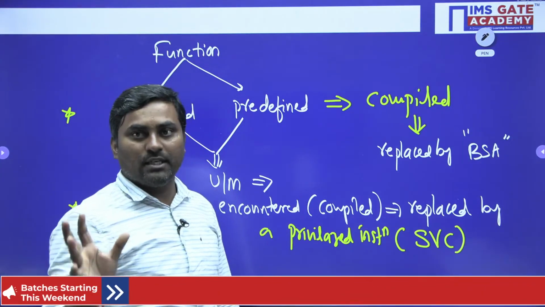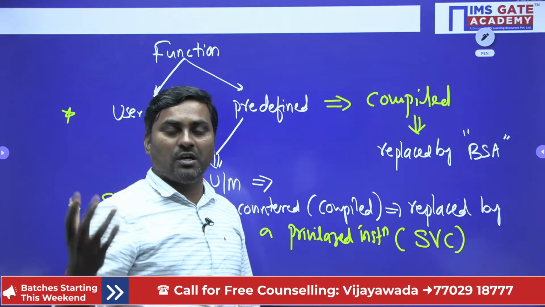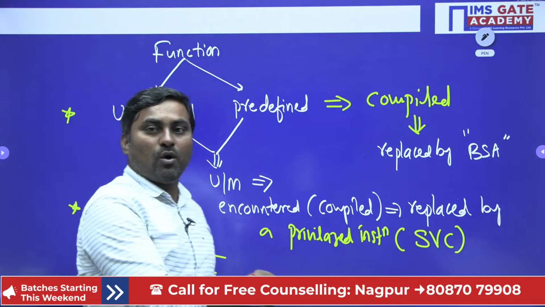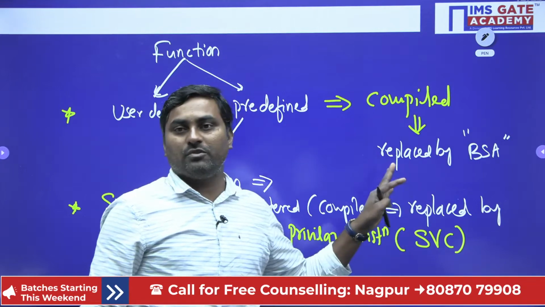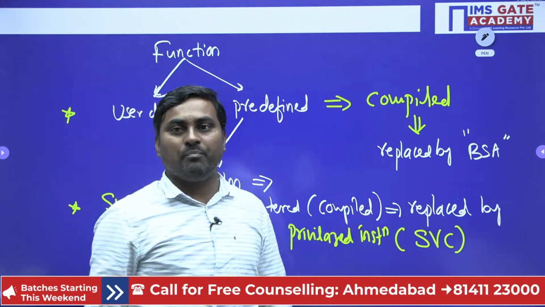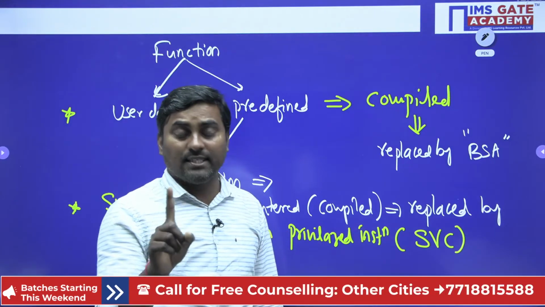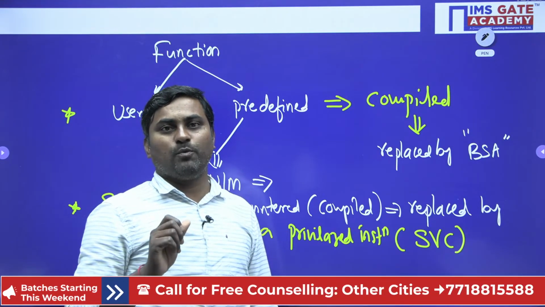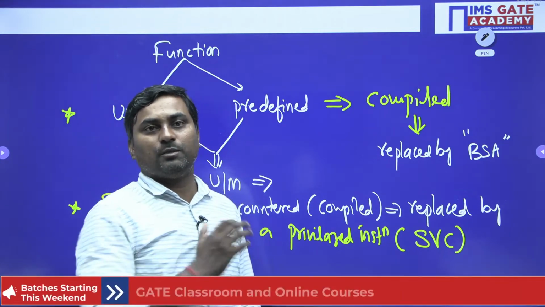So BSA will be resolved, or given the original address, during linking time only. But another thing I am telling: when a system call is encountered, it is replaced by supervisory call, an instruction. This instruction will be resolved at runtime. Is it clear, all of you? Respond, then I will give the further steps.